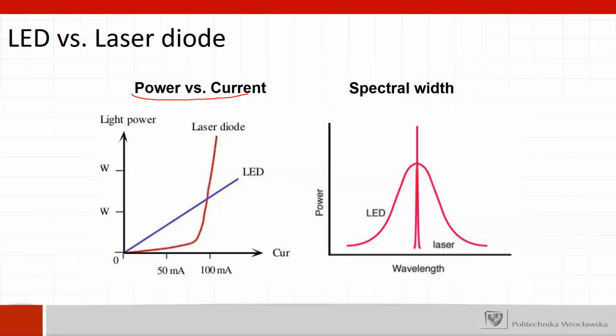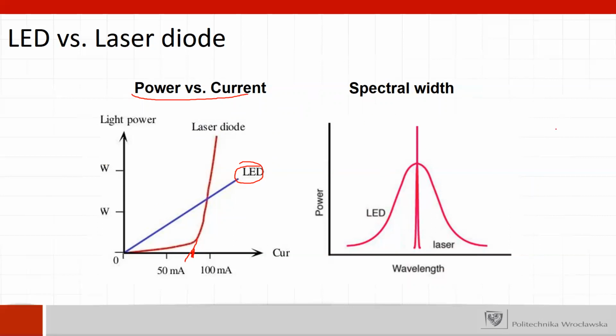We don't reach the point where we have the generation of stimulated photons. When we increase the current, we just linearly increase the output power. But in lasers, we have this threshold current, above which stimulated emission dominates over spontaneous emission. So we have a much faster increase of the output power versus the drive current.